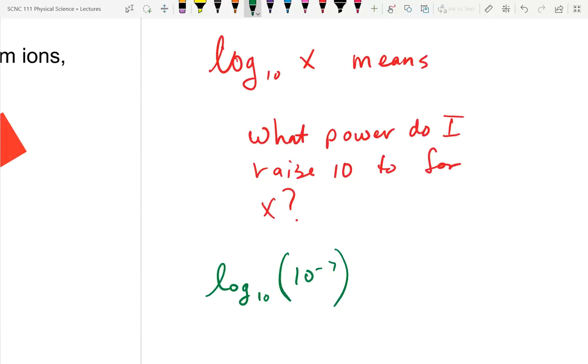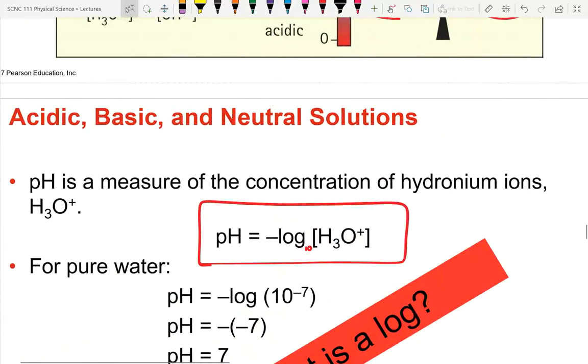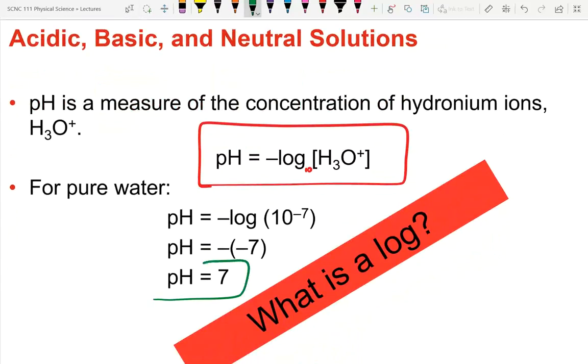I raised 10 to the minus 7 to get 10 to the minus 7. Kind of redundant, right? So that's -7. That means the pH of pure water is minus log of 10 to the minus 7, which just means minus a minus 7, or plus 7. So that's the pH of pure water.